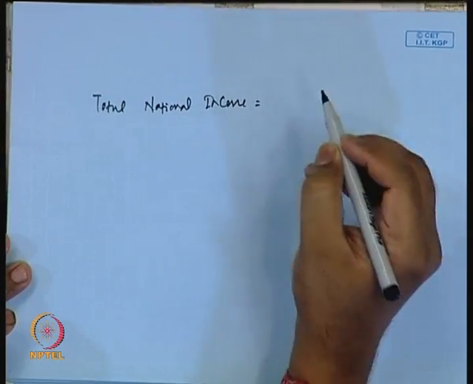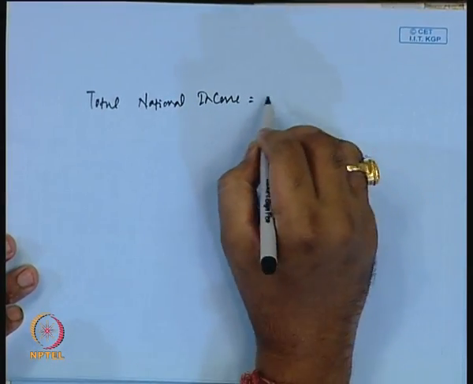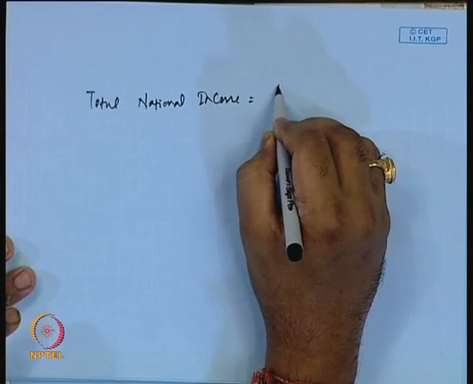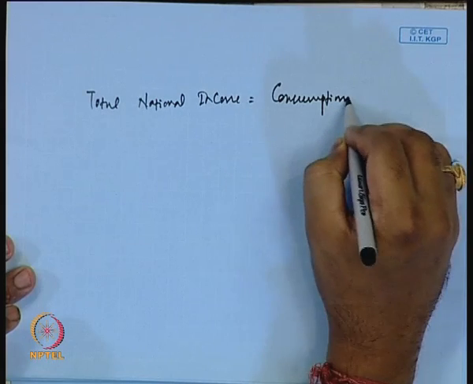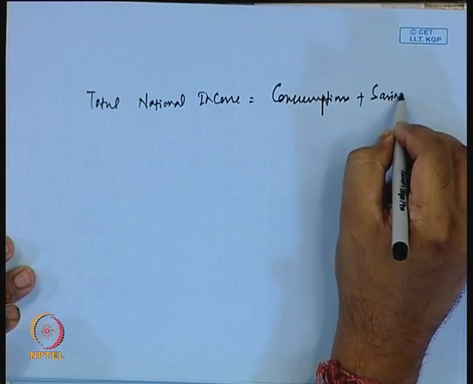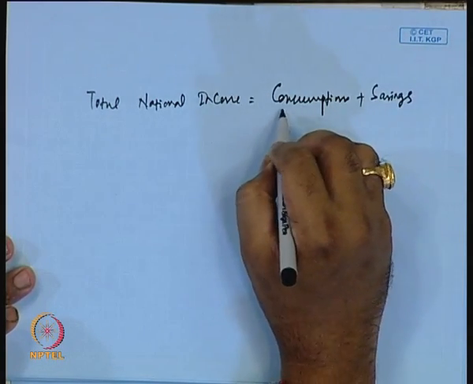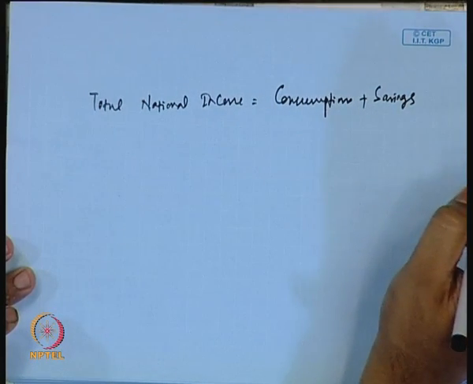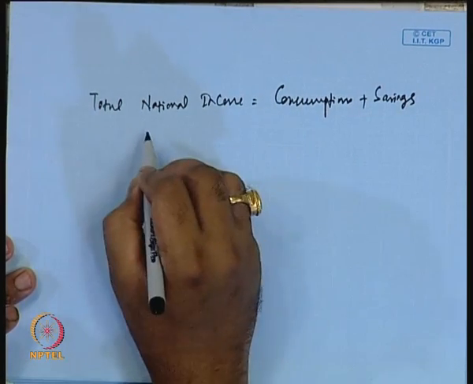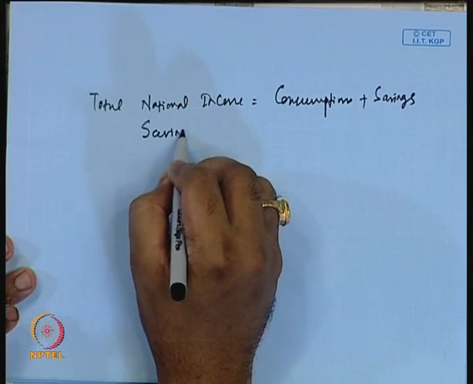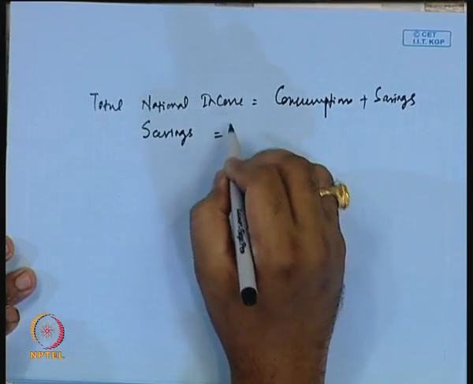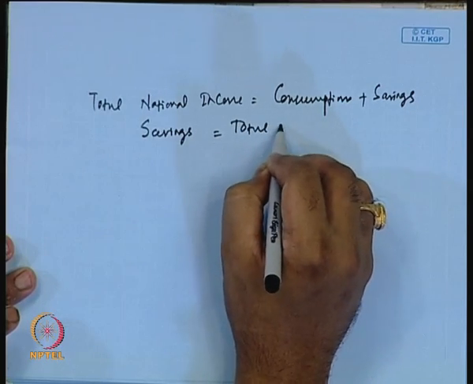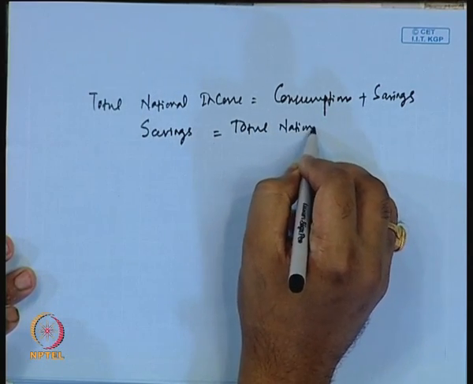We know that total national income is divided into two: total consumption of the people plus savings. That means, what has not been consumed will be saved. Therefore, the classical economists say that savings will be the total national income minus consumption.